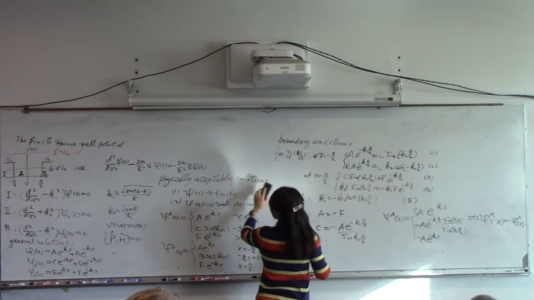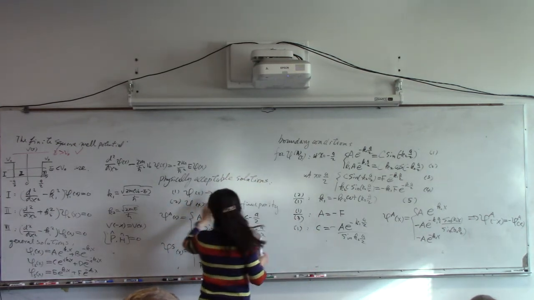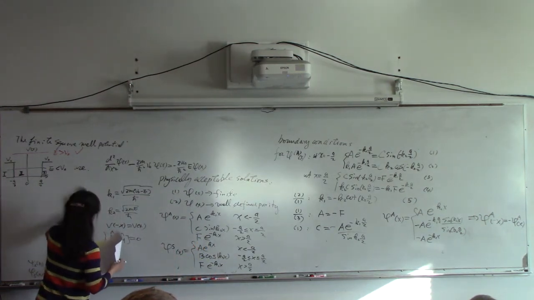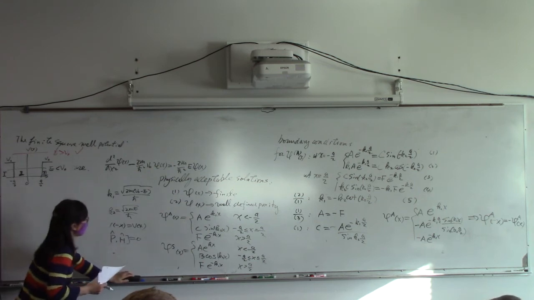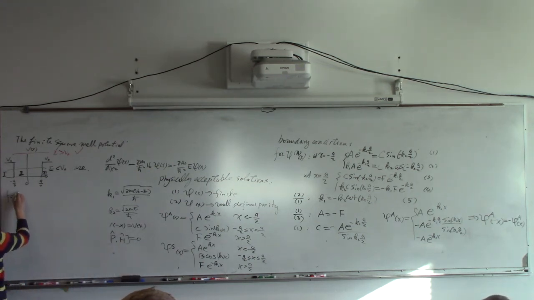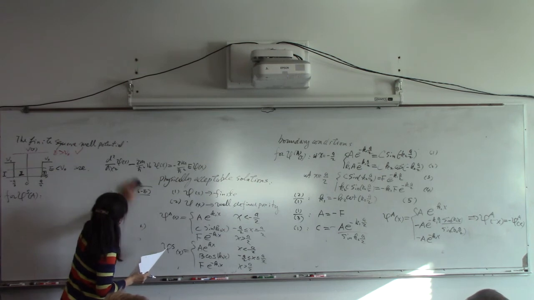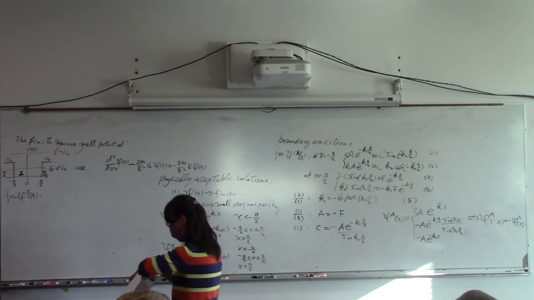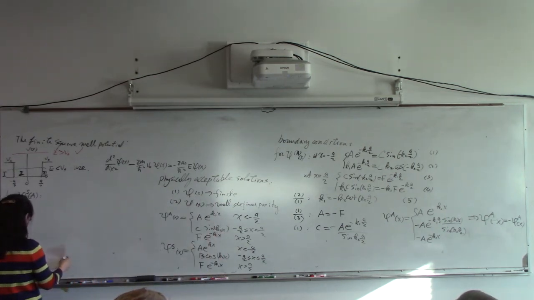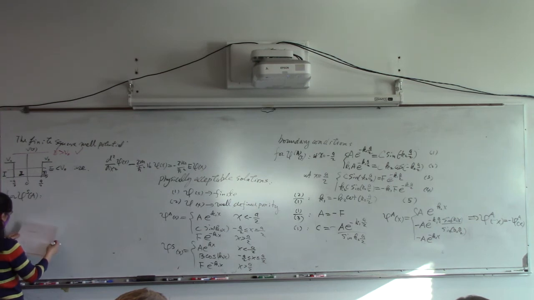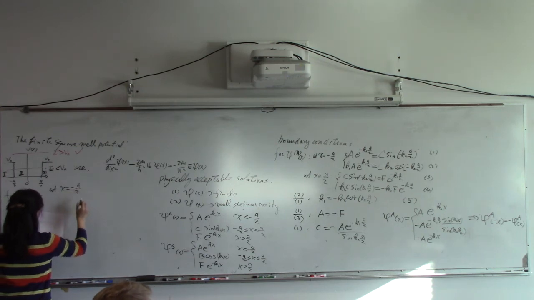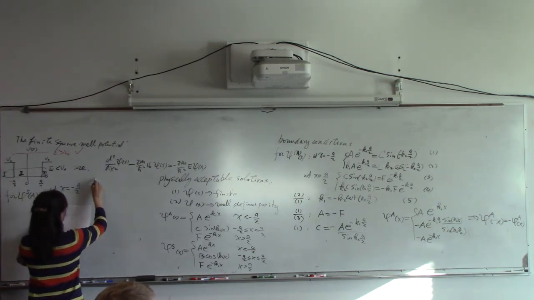Similarly, for the symmetric, we do the same thing. At x equal to minus half a, we have two equations.